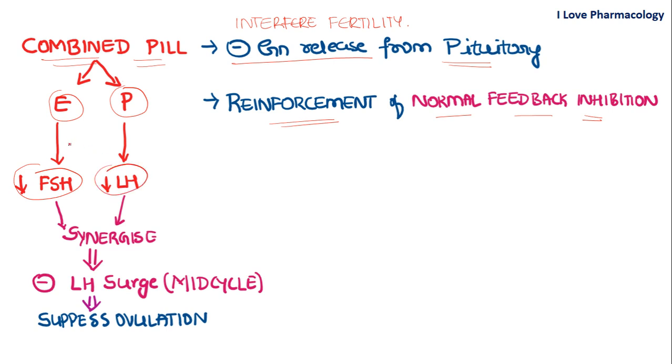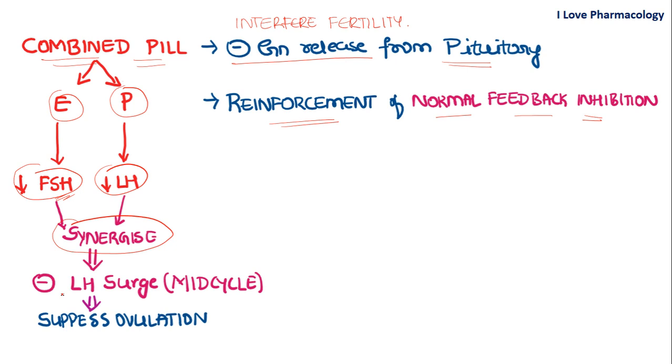Primarily, estrogen is going to reduce the FSH levels, whereas progesterone primarily will reduce the LH secretion. Both estrogen as well as progesterone have a synergistic action towards decreasing the LH concentration, thereby finally abolishing the LH surge.